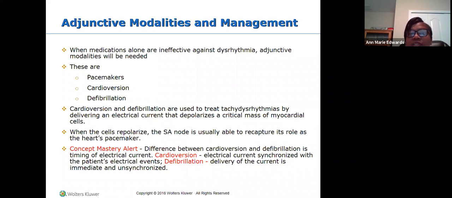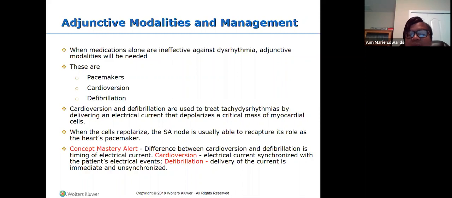So in cardioversion, you typically have to have your ECG rhythm, and the current is synchronized with that ECG. In defibrillation, the current is immediate and it is unsynchronized.